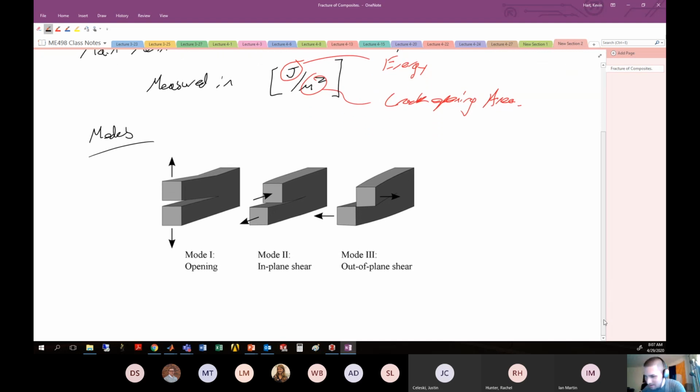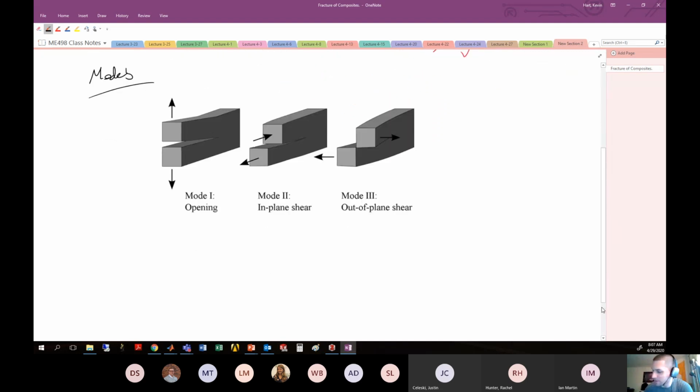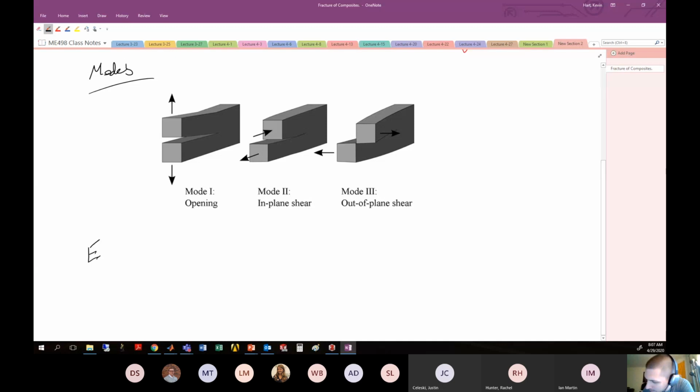And we said that each one of these has a different critical strain energy release rate. We label that with a subscript, Roman numeral 1, 2, or 3. So you would write G1C, here this is G2C, and you guessed it, G3C.